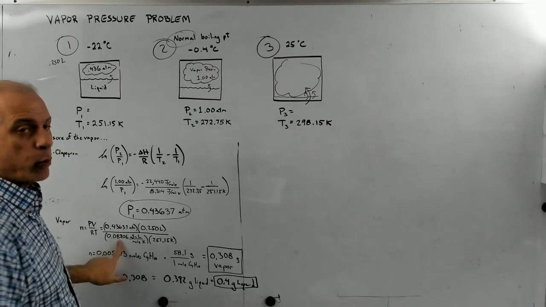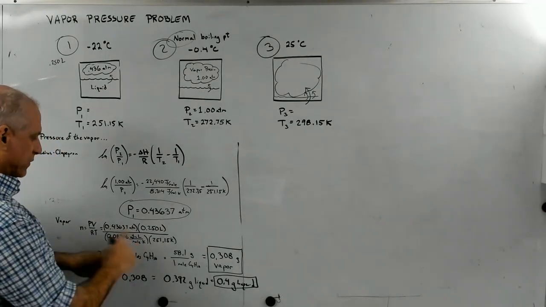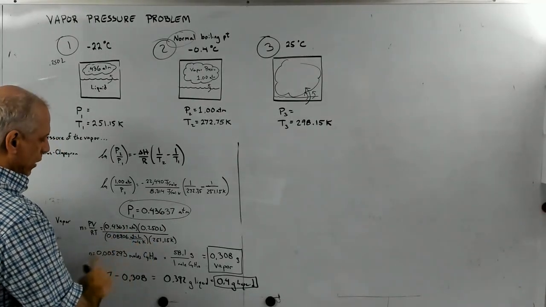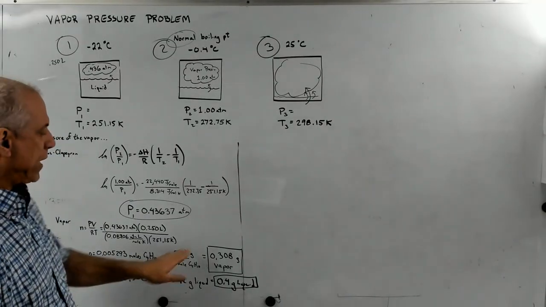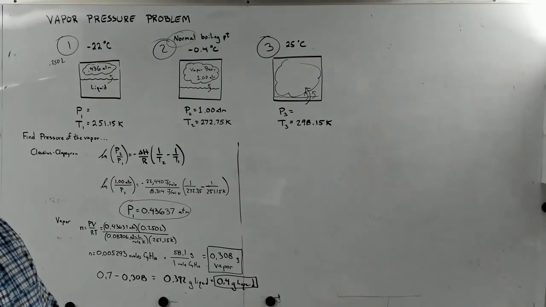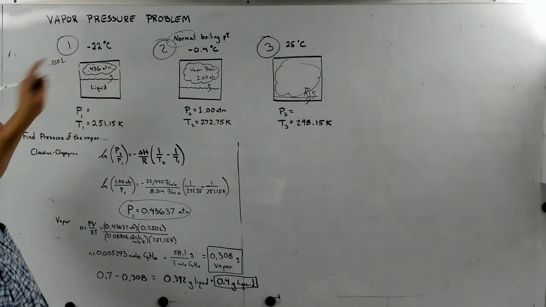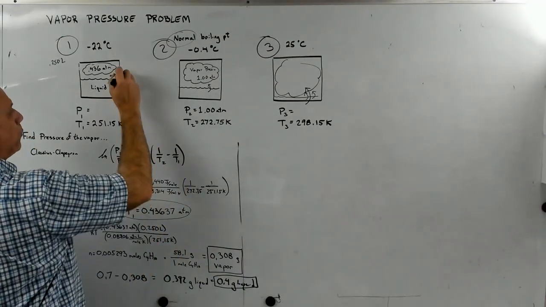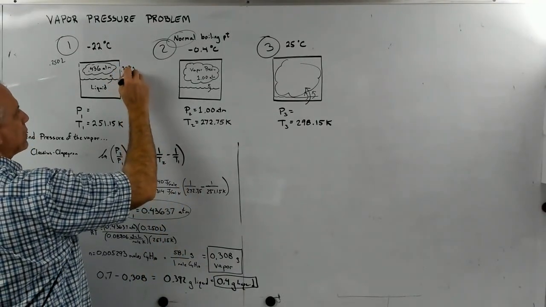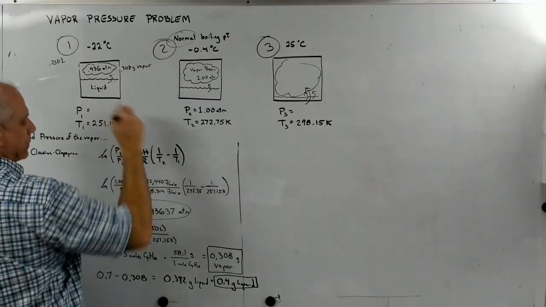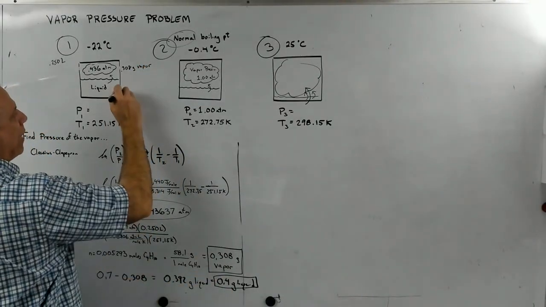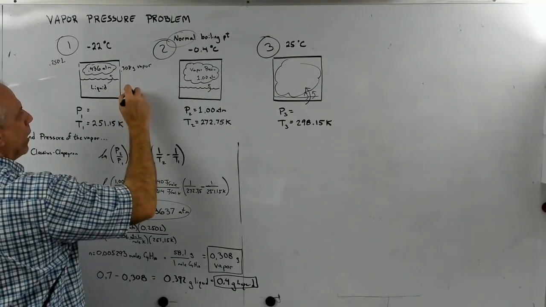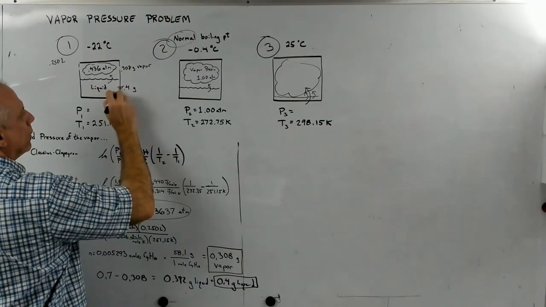Here we're going to use 0.08206 because we have atmospheres, and we get however many moles of butane, multiply that by the molar mass, and we get how many grams of vapor are in here. That's going to be 0.308 grams of vapor, which means that, subtracting that from the original amount, 0.7, we're going to have 0.4 grams of liquid remaining.